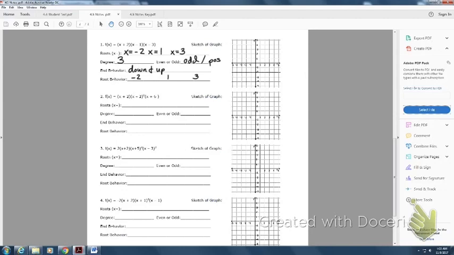If we had x minus 2 squared, well, that's squared, so at that x-intercept it would bounce. But on this one they're all linear, so they're all going to cross at those points.